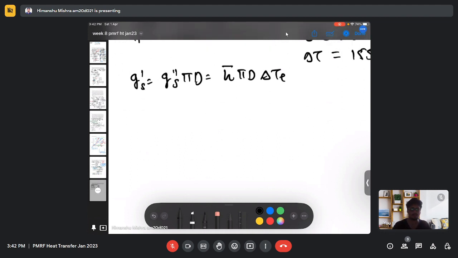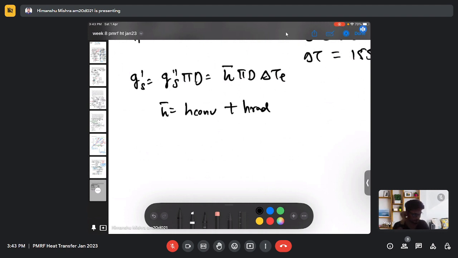As I discussed, in the film boiling region there will be an increment in the heat flux, and that is also due to the radiation heat transfer. So there will be convection heat transfer, and also there will be radiation heat transfer. So my heat transfer coefficient is based on convection heat transfer plus radiation heat transfer. In the earlier weeks, in week 1 or week 2, I showed that apart from using the Stefan-Boltzmann law, we can also combine our convection and radiation problem together.